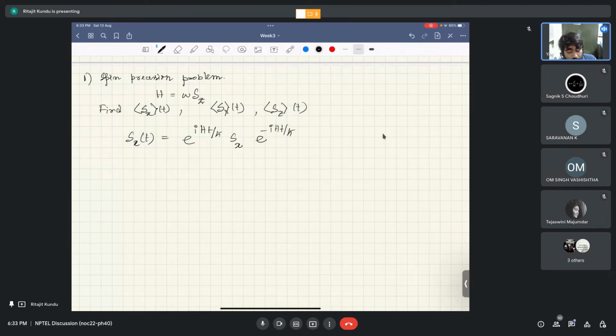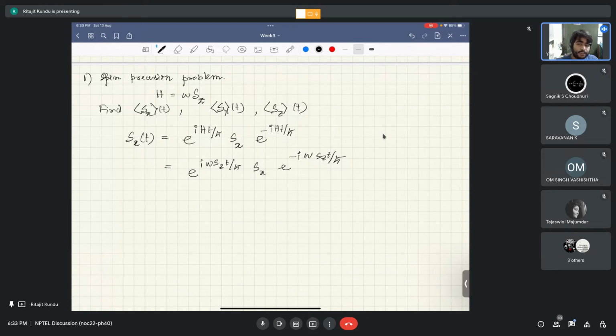Now let's put in the Hamiltonian. This becomes e to the power i omega Sz t by h bar, and this becomes e to the power minus i omega Sz t by h bar.